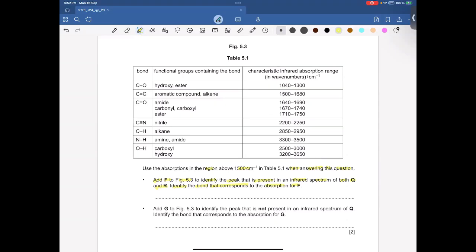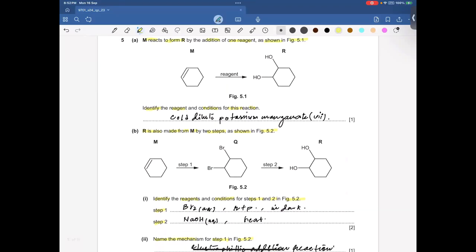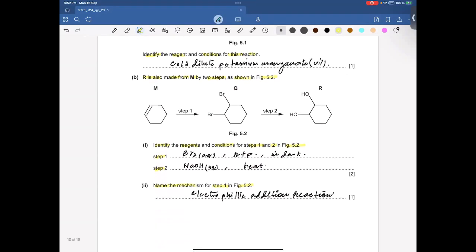So both Q and R have the same peak. Where are Q and R? Okay, this Q and this R. Both of them have the same cyclic ring structure, and this cyclic ring structure has a CH group or CH bond. So that's the only thing common between these two compounds.